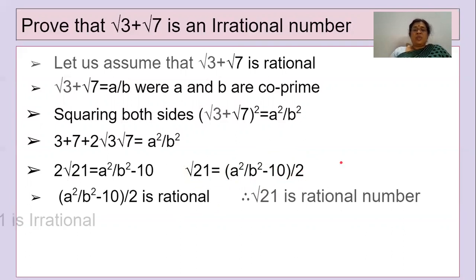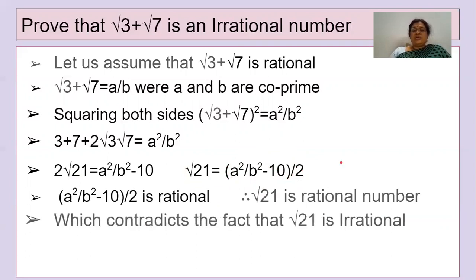But you know, is root 21 a rational number? No, root 21 is not a rational number. Root 21 can be written as root 7 into root 3. So root 7 is not rational. Root 3 is also not a rational number. So ultimately, root 21 is not a rational number.